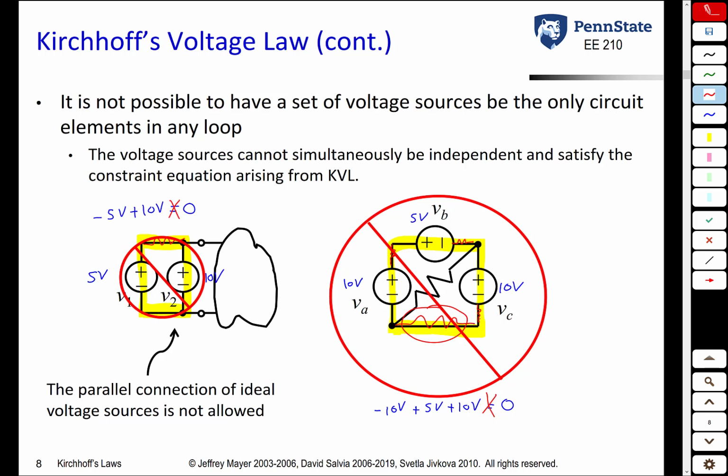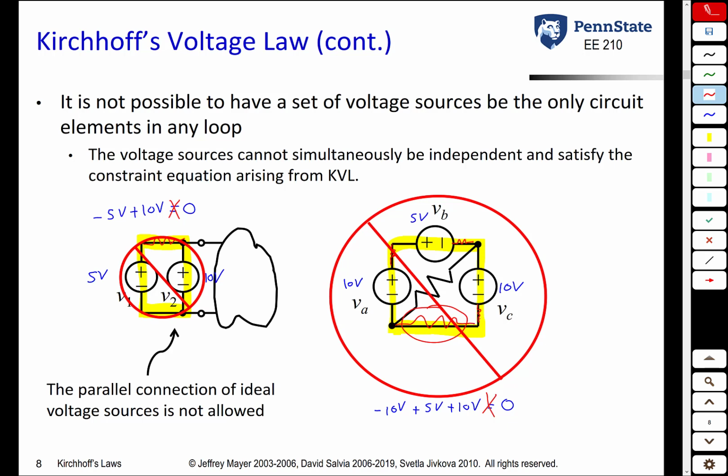What happens, however, in a situation such as on the right, you would get very, very large currents if you try to connect up voltage sources that didn't add up to 0. So there would be very small resistances in the circuit that would keep you from technically violating KVL, but it would give you a situation that you really want to avoid with very, very large current flows.